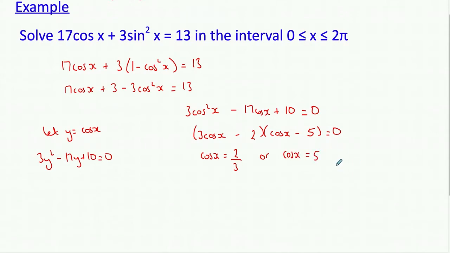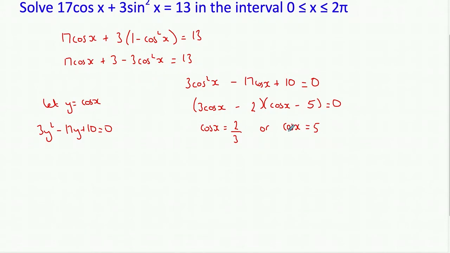Similar to the previous example, we can get rid of this. This isn't going to give us valid solutions because cos x has to be between -1 and 1, and that's bigger than 1, so that's not going to work. This is the only thing that's going to give us solutions. So the next thing I'm going to do is draw a quick cos x graph between 0 and 2 pi.